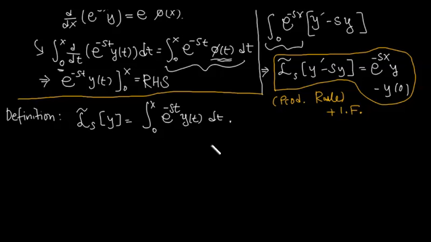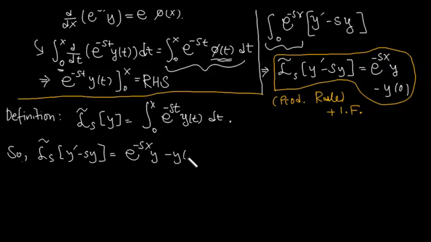Once you have that defined, the property that this one satisfies is, let me rewrite it like this. From the early observation, we know that L tilde s of y prime minus s y is equal to that function, e to the negative sx y minus y of 0.